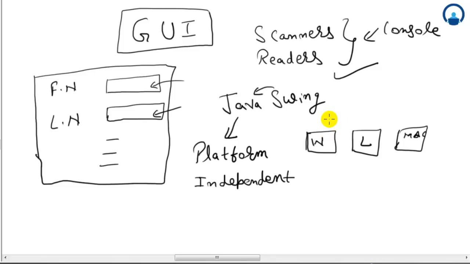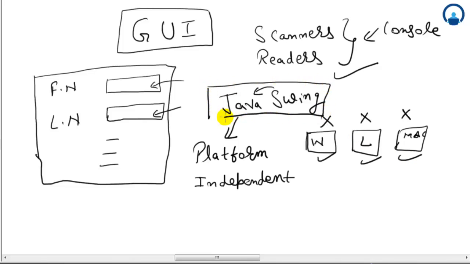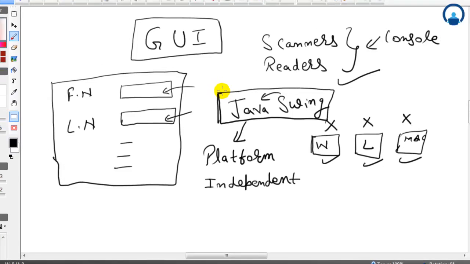It means it does not depend on the base platform, be it Windows, Linux, or Mac, it will get executed on all the platforms. So Java Swings also inherit its platform independency from the Java language. In this way, this provides a mechanism with which we can code platform independent UI using Java Swings.